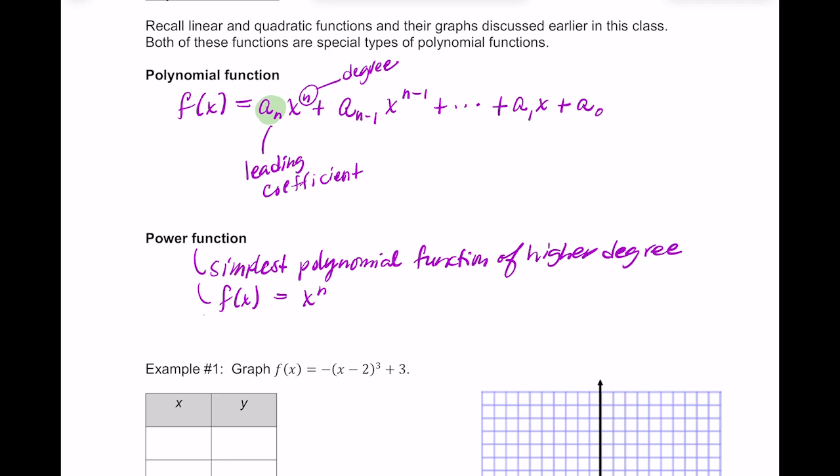So x squared is a power function. X to the third is a power function. Basically, the polynomial functions will mimic the power functions. Another important feature is that the graphs are always smooth curves. In other words, there won't be any breaks in the graph, any jumps, any gaps.